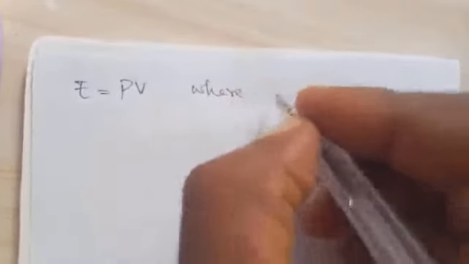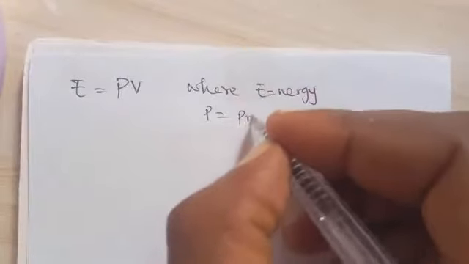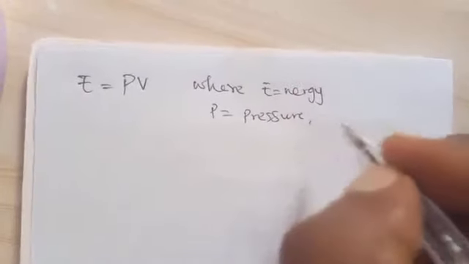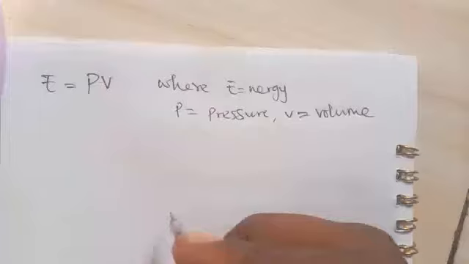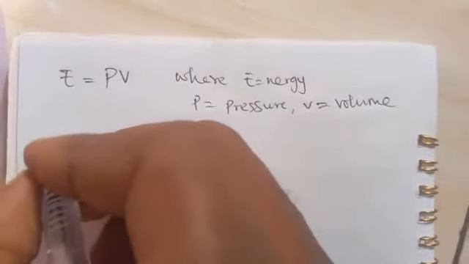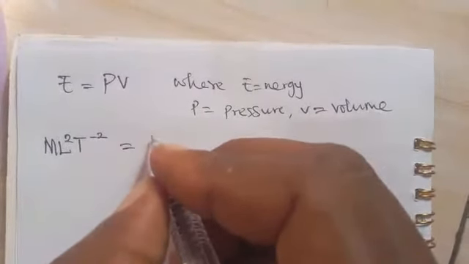Our second example we can look at is whether energy is equal to pressure times volume is dimensionally correct. So we say where E is energy and P is pressure, while V is volume. Now, E energy is giving us mL squared T minus 2 is equal to pressure. Pressure is force per unit area.